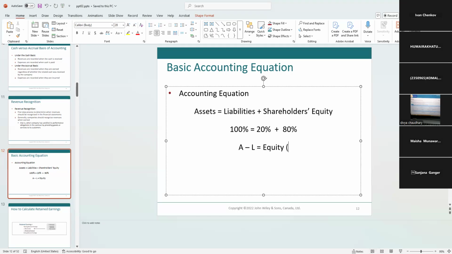In other words, that will be our net assets. In other words, that will represent the shareholders' interest in the company or in the assets. So once we get the total assets and deduct the liabilities, it's going to show us our shareholders' equity, or how much our net assets are.